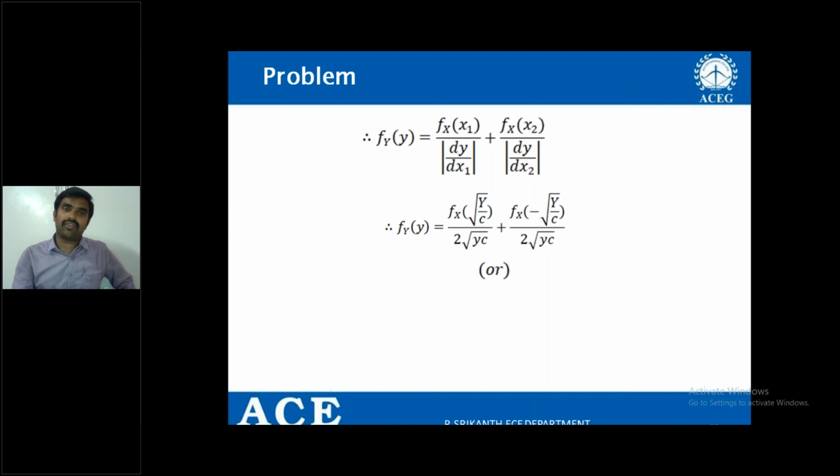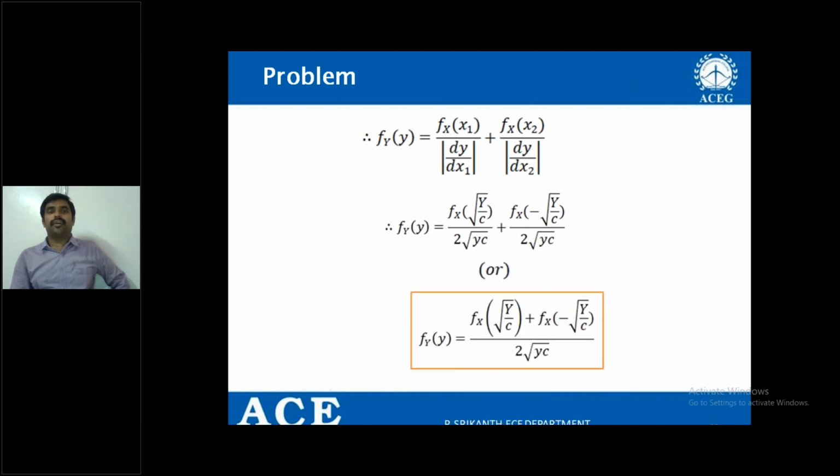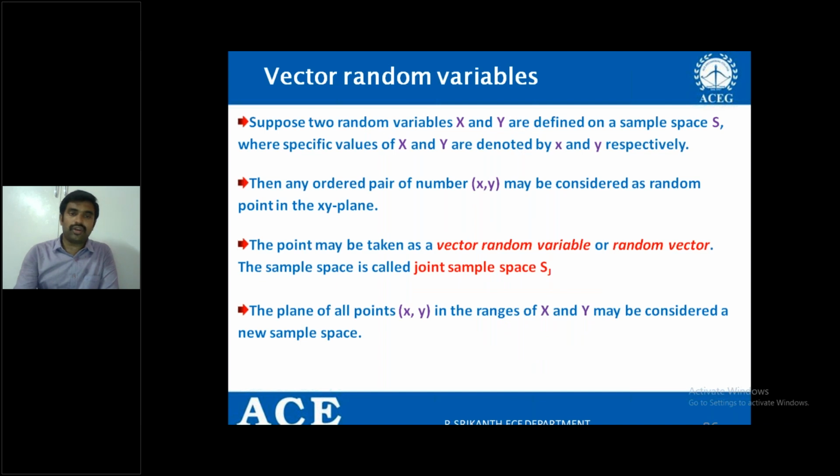Or in the short form, I can write, with the common denominator, f_X(under root y by c) plus f_X(minus under root y by c), all divided by 2 root yc, right? So this is the way to derive the density function of the new random variable in the non-monotonic transformation. Fine, right? So now the new thing is the next topic.